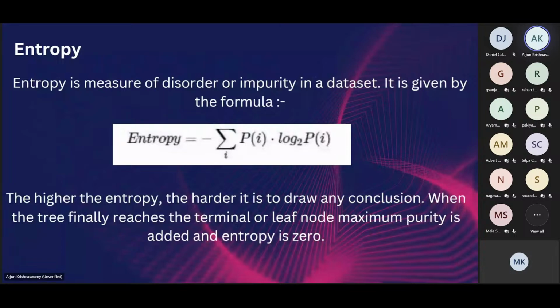The Gini impurity value was 0 for a pure node or a leaf node. And it's obvious that the higher the impurity, the harder it is to draw a conclusion, that is, the harder it is to find out if a person likes something or not. Here I'm saying likes because that is what I use. It can be any target.